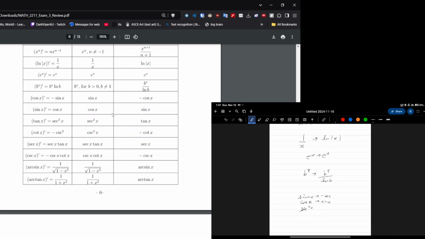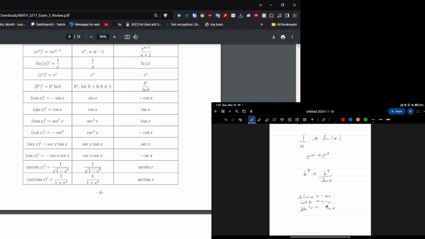Secant square x becomes tangent of x. Similarly, cosecant square x becomes negative of cot x. Secant x tan x becomes secant x. Cosecant x cot x becomes negative cosecant of x.